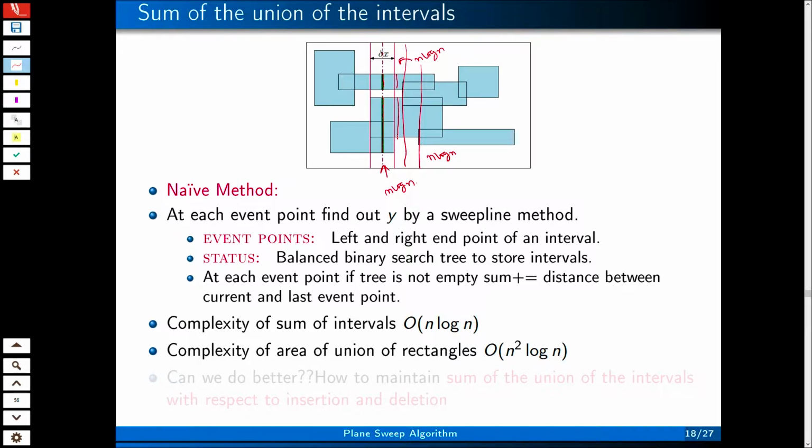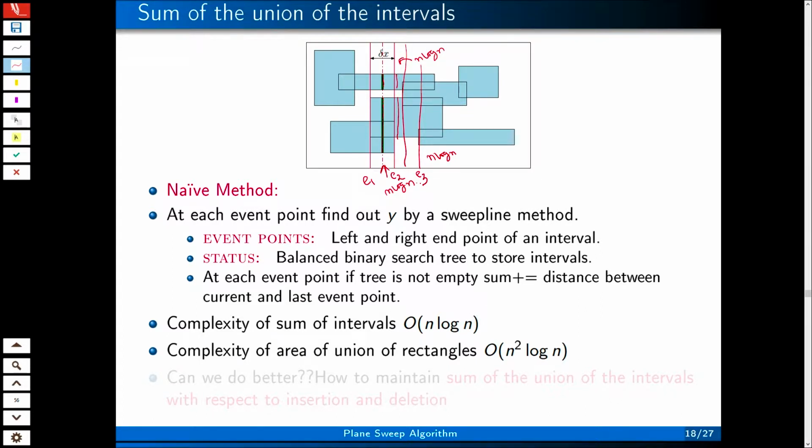So this is event point 1, this is event point 2 and event point 3. Between event point 1 and event point 2 I have 3 intervals. Between event point 2 and event point 3 I have 2 intervals. And those 2 intervals are present between event point 1 and event point 2. Just one interval got deleted.